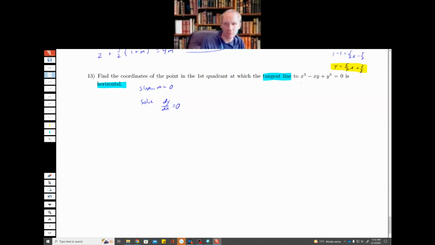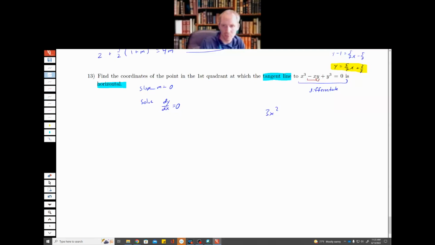All right. So let's go ahead and differentiate this thing. Okay, so the derivative of x cubed is 3x squared. To take the derivative of minus xy, I'm going to think of negative x as a function, y as a function, and use the product rule.